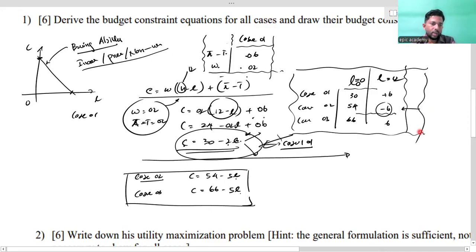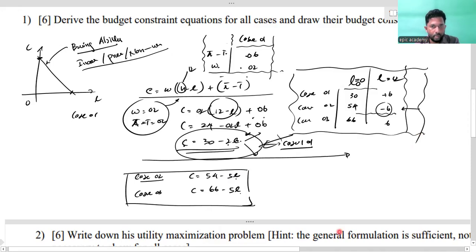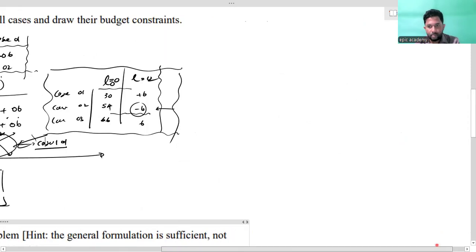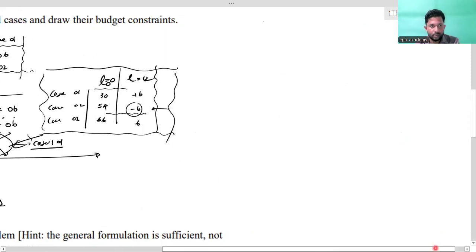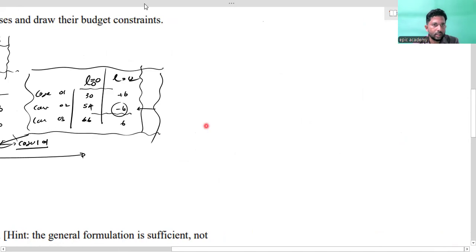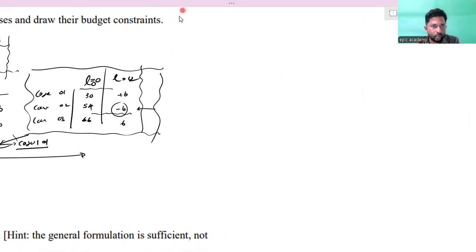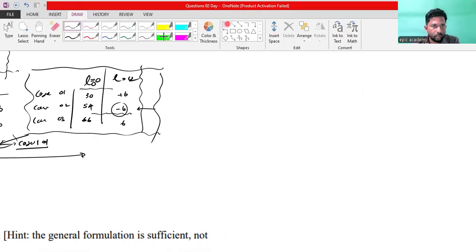By using that, you can draw the graph. Right. In here, you have to consider that the horizontal axis represents the leisure.